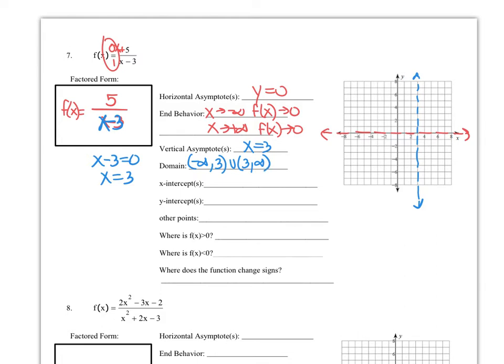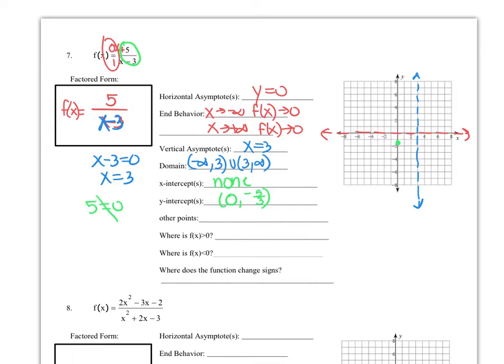X-intercepts come from setting our numerator equal to 0. If you do that, 5 equal to 0, that's not true, so there's none. You get your y-intercept by plugging in 0 for x, and so that'll just be your ratio of your constants. So that will be negative 5/3, which is right about here.